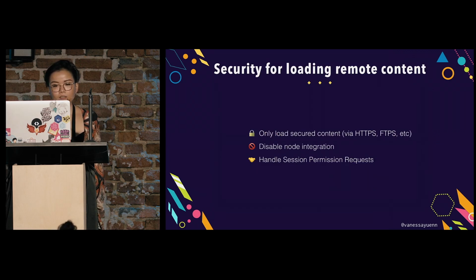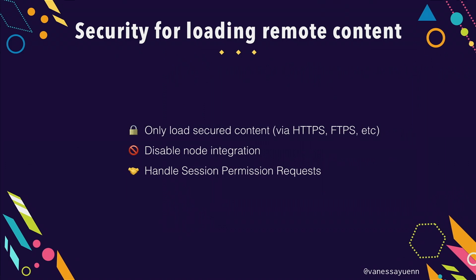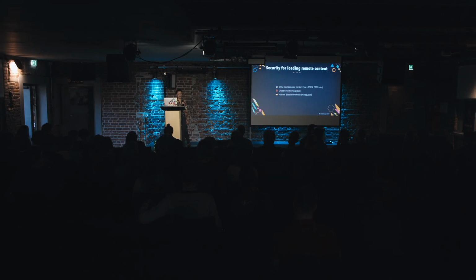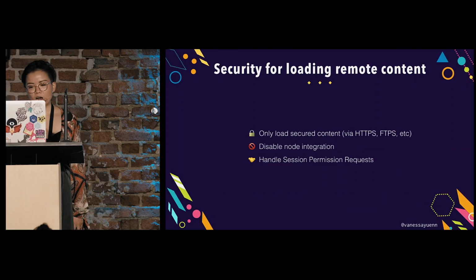Third thing, handle session permission requests. You probably have seen those warning dialogs that pop up when a website is trying to send you a notification or access your location or your webcam and stuff. By default, Electron automatically approves all permission requests. And that's bad if you're loading remote stuff.